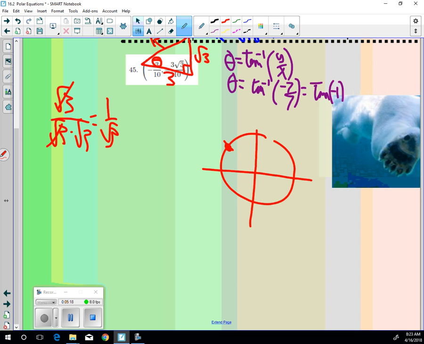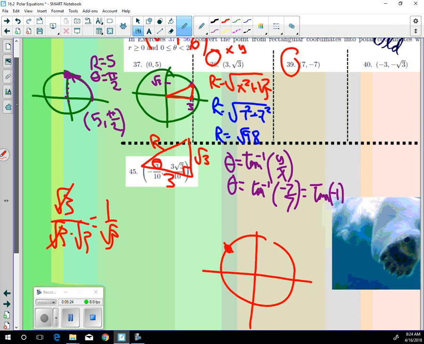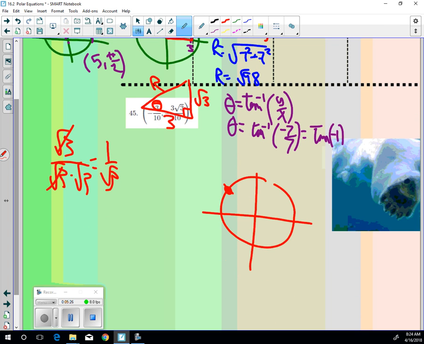What angle is this? Let's look at the beginning here. It's over 7, down 7. Oop, guess I picked the wrong one. It's going to be down here. So that's the inverse tangent. What angle is this? You can go either way. 7 pi over 4. Or you could say negative pi over 4.